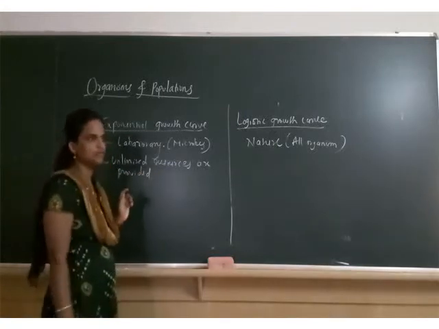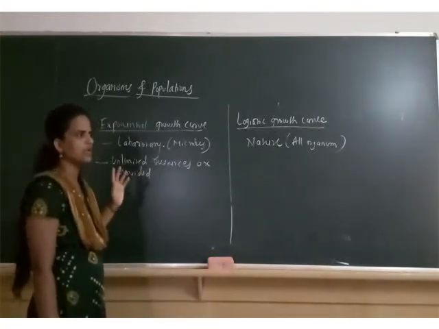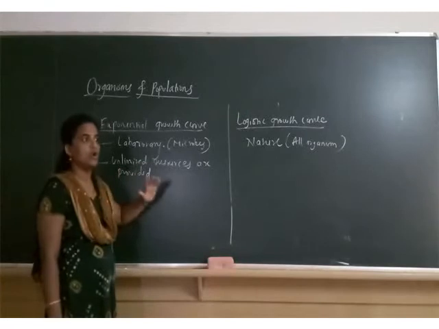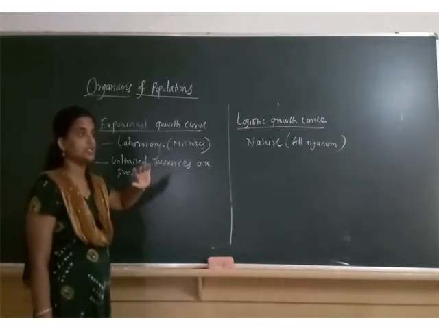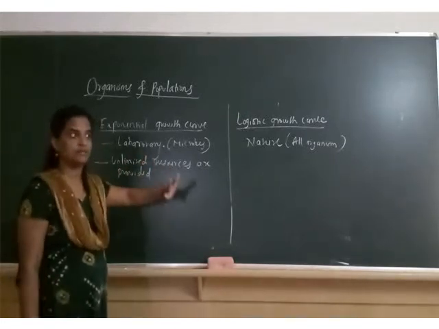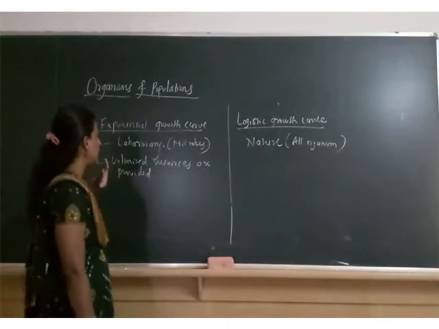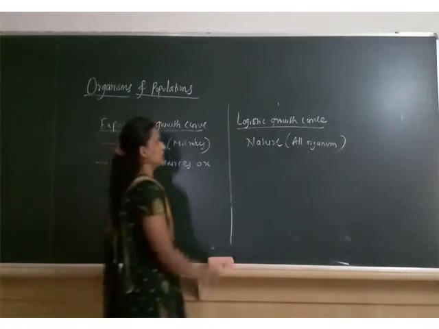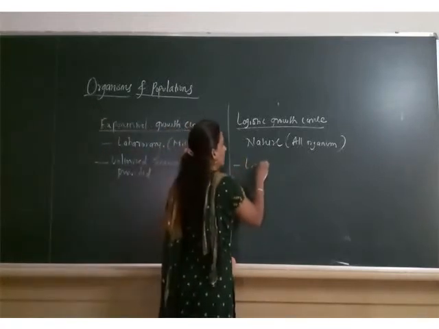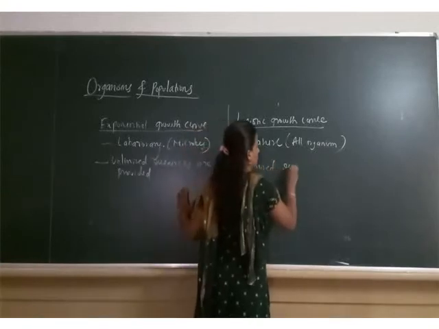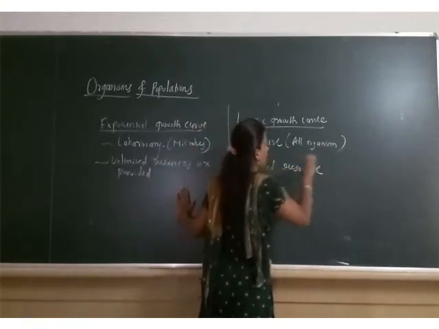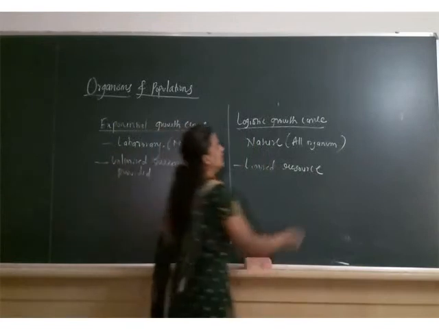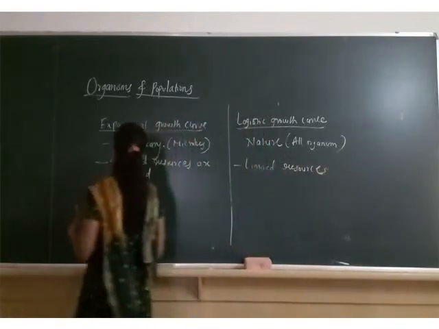Unlimited resources means we continuously provide food, optimum temperature, pressure, humidity, space. These all are unlimited for the growth. Here limited resources are provided.